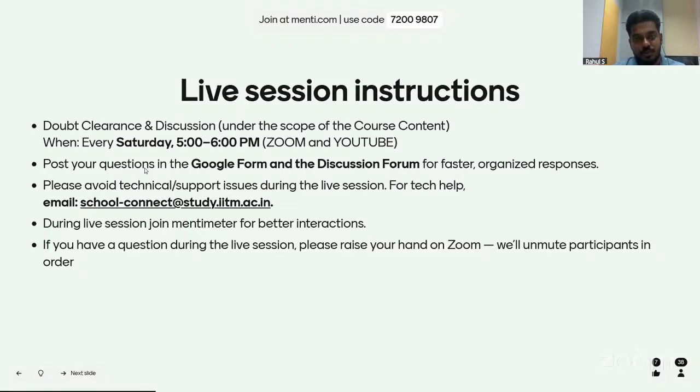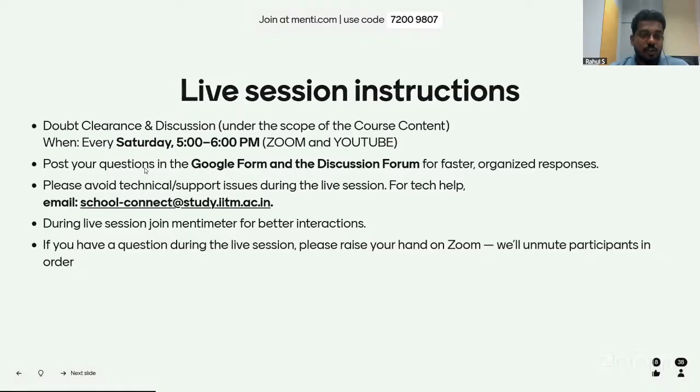Whatever issues you face where you need technical or support help, they will reply to you. We have a separate team for that. Some questions we couldn't help with, for example, if you have any issue with the website or login, or you forgot your password, we can't do that from our side. So we have a separate, efficient team, and they will help you with that.